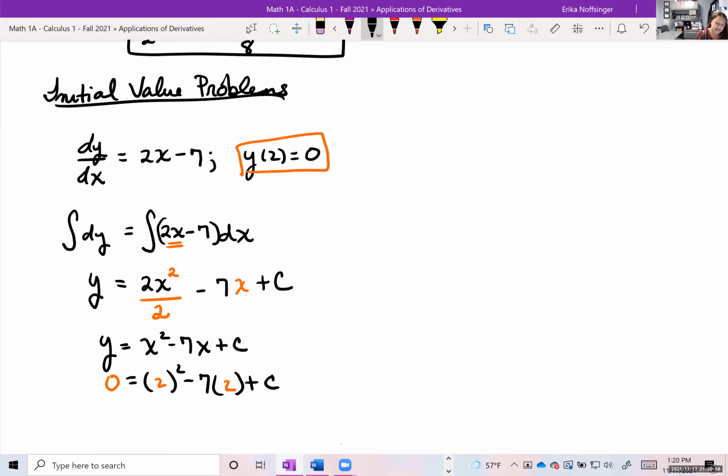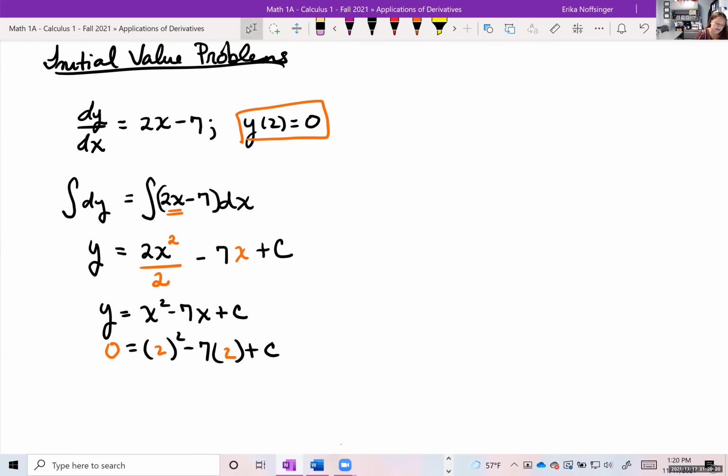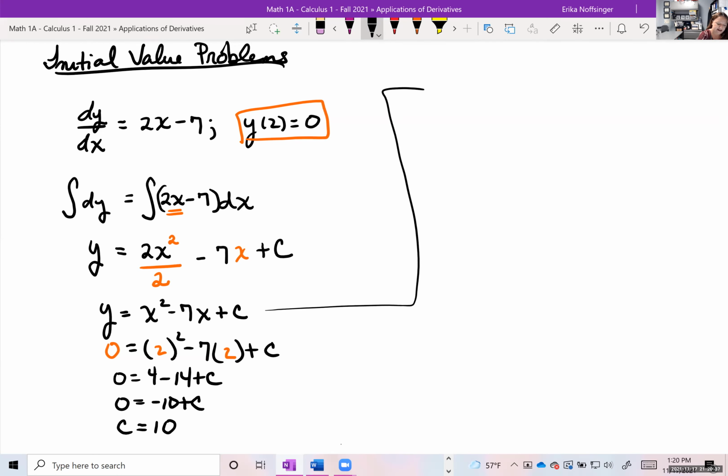So we get 0 is equal to 4 minus 14 plus c. 0 is equal to negative 10 plus c. So our constant has to be 10 in this case. Knowing that, our function y of x is equal to x squared minus 7x plus c, but c is 10.